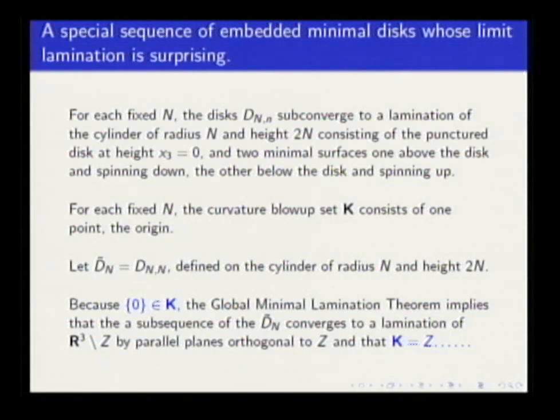And since I know for surfaces like this, it's going to be the entire z-axis. Yet, even though I'm getting farther and farther away, up here, at distance 1 over n from the axis, my boundary values are behaving just like the helicoid.